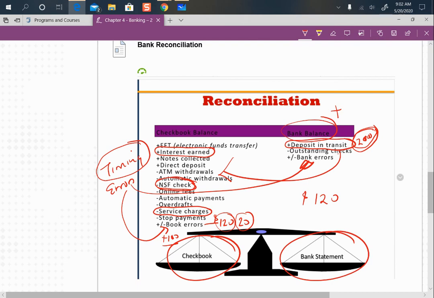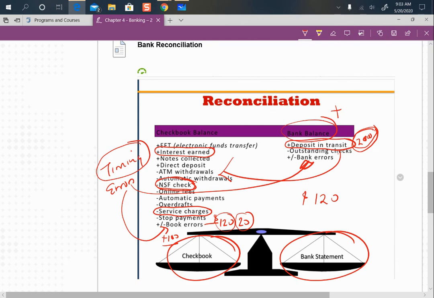And for sure, you have to know there will be some things that make those two balances not equal. That could be timing differences. That could also be errors. If you can identify the errors, fix them accordingly. If you can identify the timing differences, the deposits in transit, the outstanding checks, the direct deposits, and so on, then just treat them accordingly.